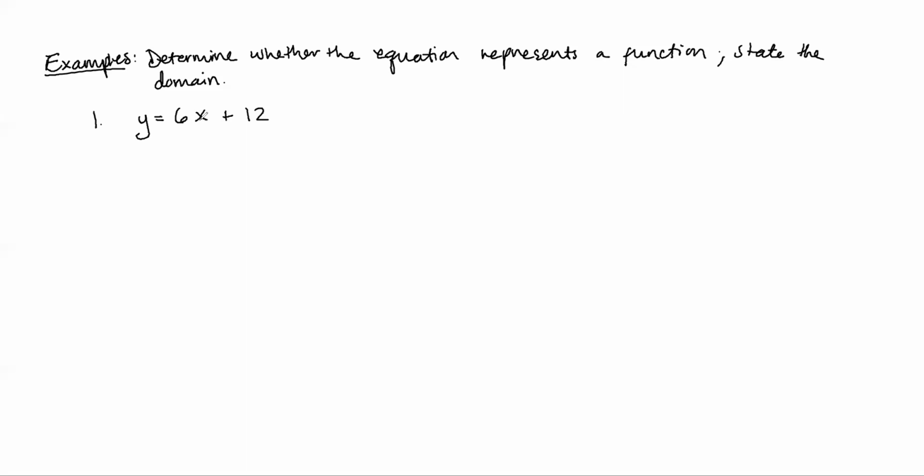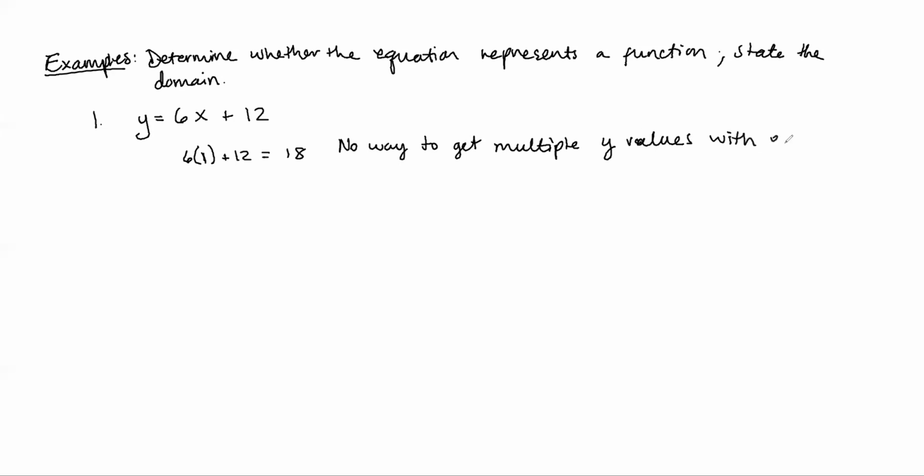But if we plug in x, let's say x equals 1, we would have 6 times 1 plus 12. And no matter how many times I plug in 1 here, I'm always going to get 6 plus 12, which is 18. There is no way to get multiple y values with each x value.